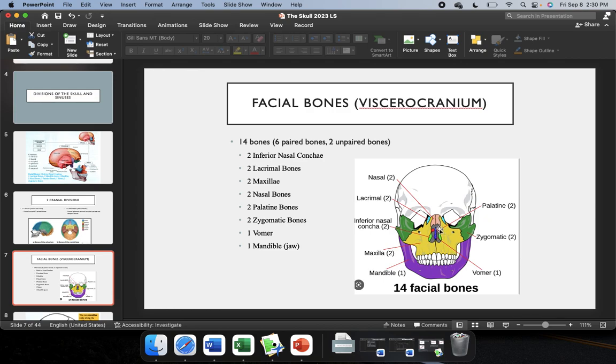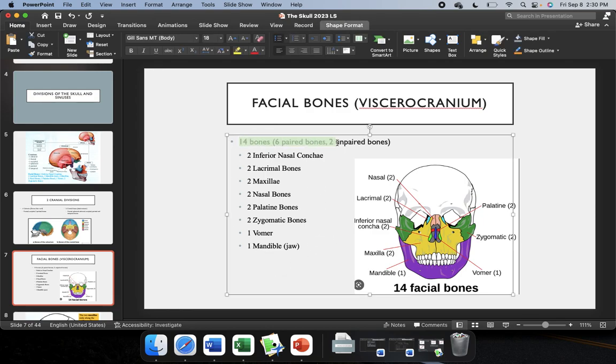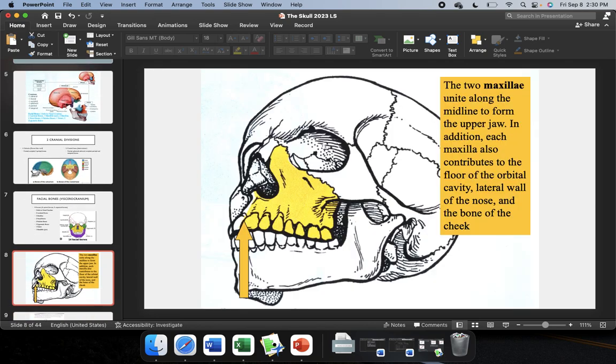We're going to have our palatine bones, which will also make up a part of the orbit of the eye, as well as our vomer bone. So those bones, those 14 bones, 6 paired and 2 unpaired bones, make up the facial bones.